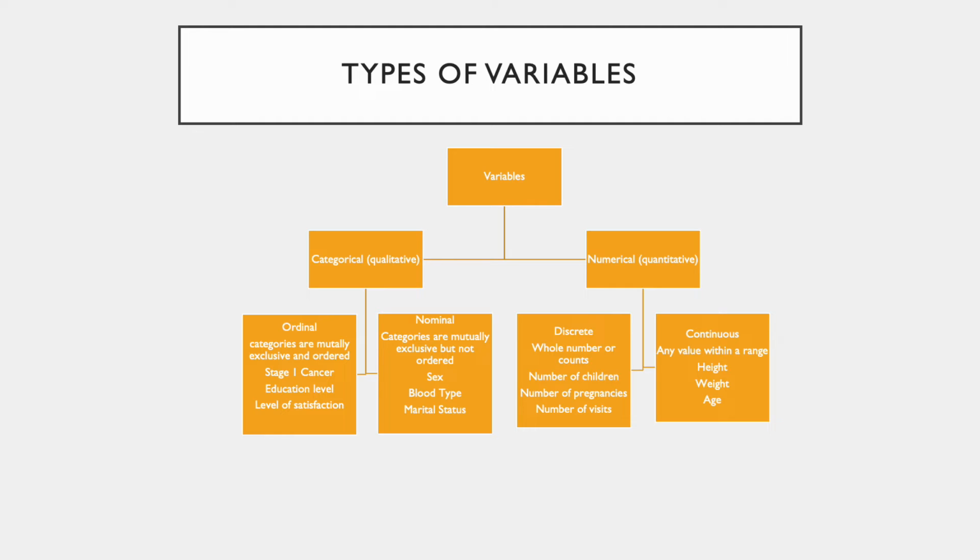Numerical variables describe a measure of quantity or a measurable quantity. For example, 10 minutes or 10 pounds. These measures are quantitative. Numeric variables can be either continuous or discrete. Continuous variables are any real number that can be measured by the instrument you're using.